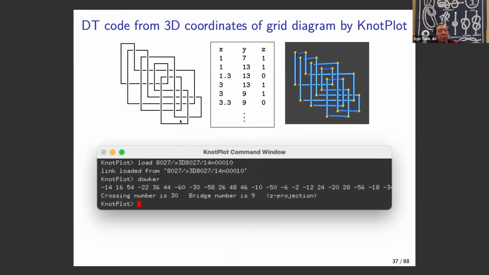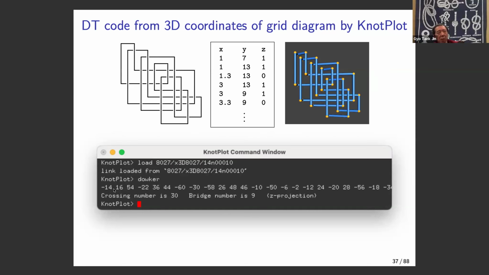And then from this diagram, you make this into three-dimensional. So bend this horizontal segment to have smaller z coordinate in the middle, just like this diagram. So you find these coordinates, and then you read it from KnotPlot, and KnotPlot draws this diagram, and then you can ask for the Dowker code.